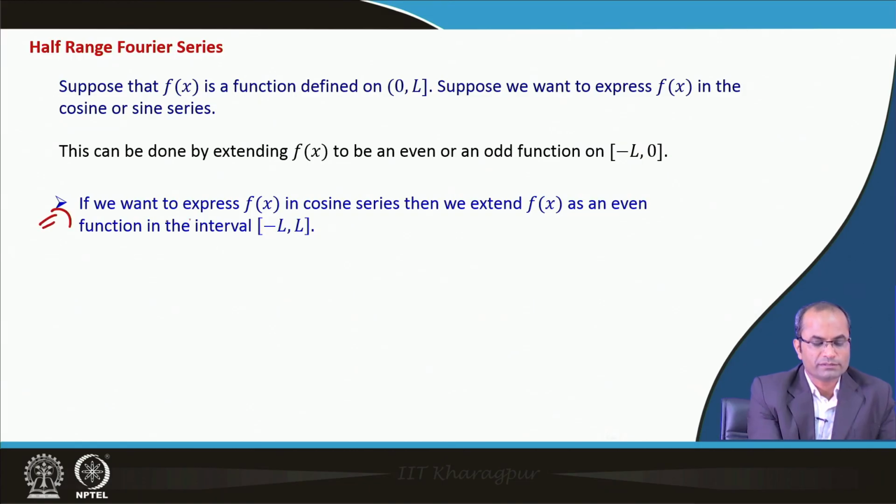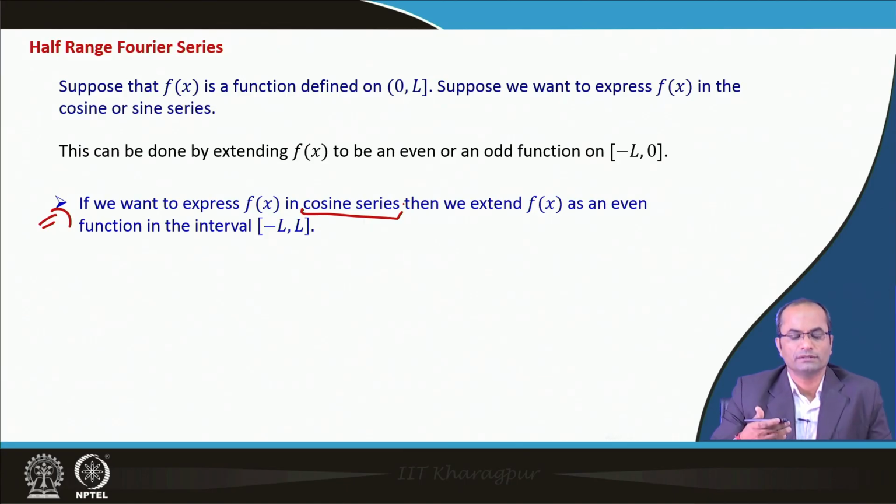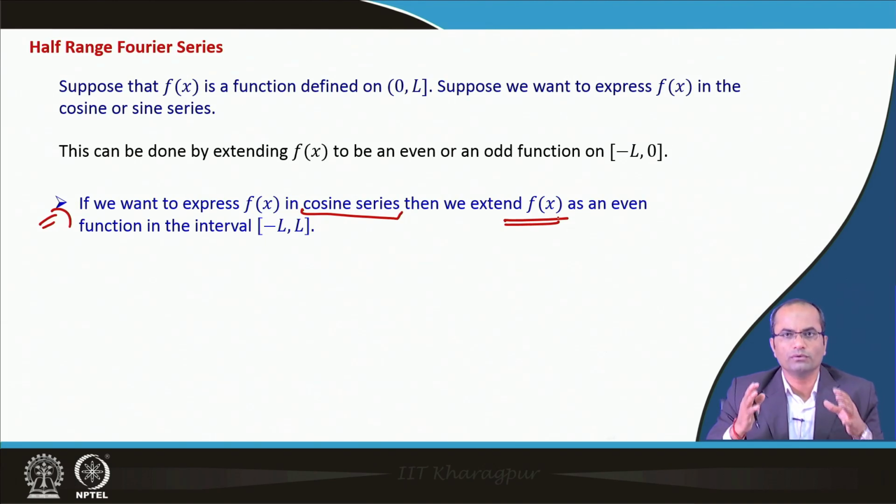So, if we want to express f(x) in a cosine series, then we will extend this f(x) as an even function in the whole interval minus L to L. The function was already defined from 0 to L, and we will now define it in the interval minus L to 0, so that the whole function in the interval minus L to L becomes an even function, and naturally we will have only the cosine series of that new function.